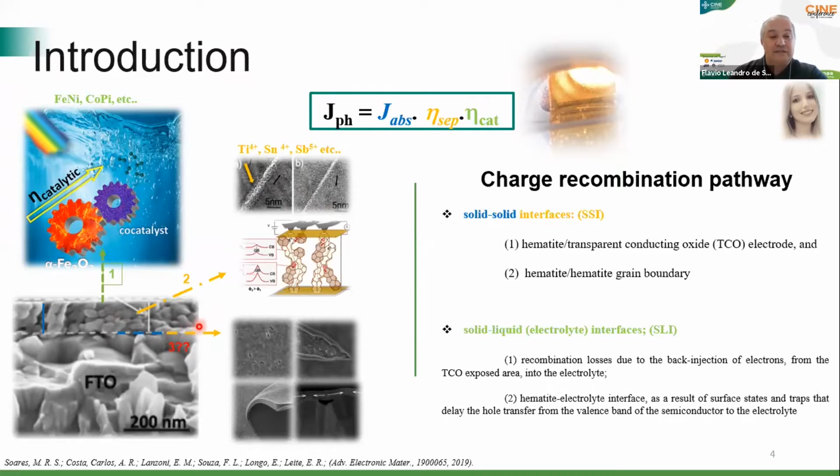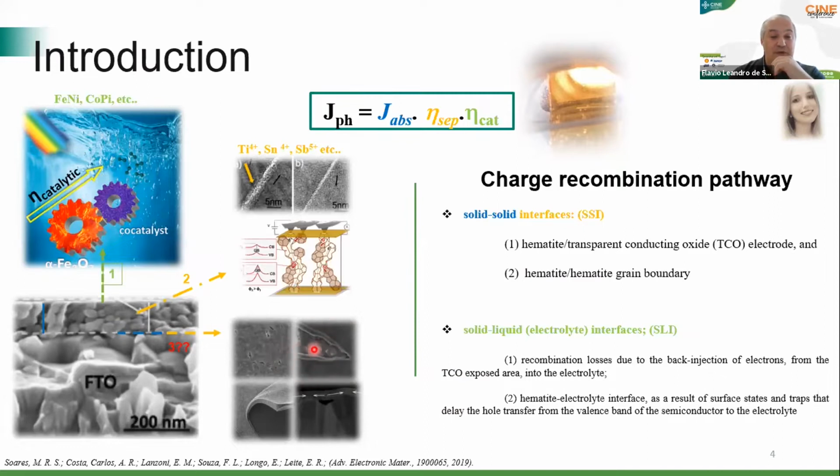And of course, we chose two model systems. The first one, the photocatalyst, is hematite. We still have a lot of challenges with hematite. It's a nice material to perform really fundamental investigation. The other one is the chemical solution.